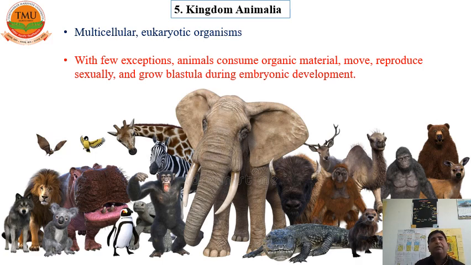Kingdom Animalia includes animals. We are well aware of animals, which are multicellular eukaryotic organisms, and with few exceptions, they consume organic material, move, reproduce with sexual reproduction, and grow a blastula during embryonic development.